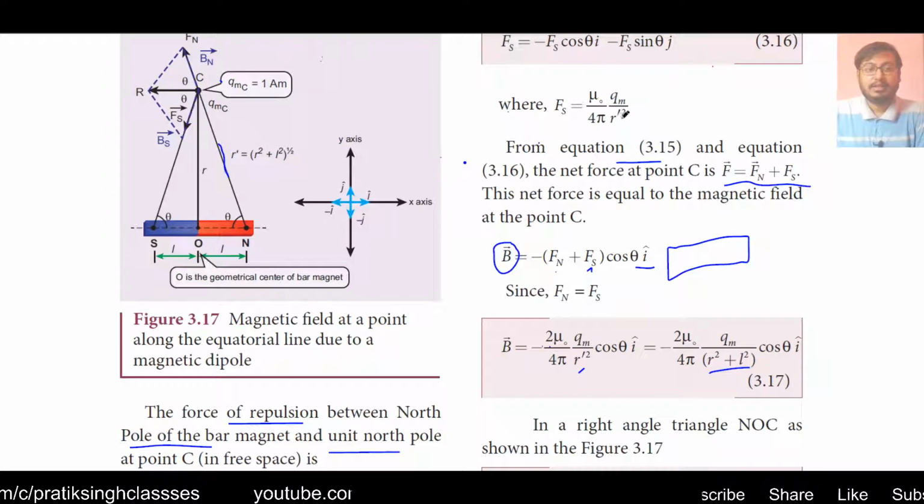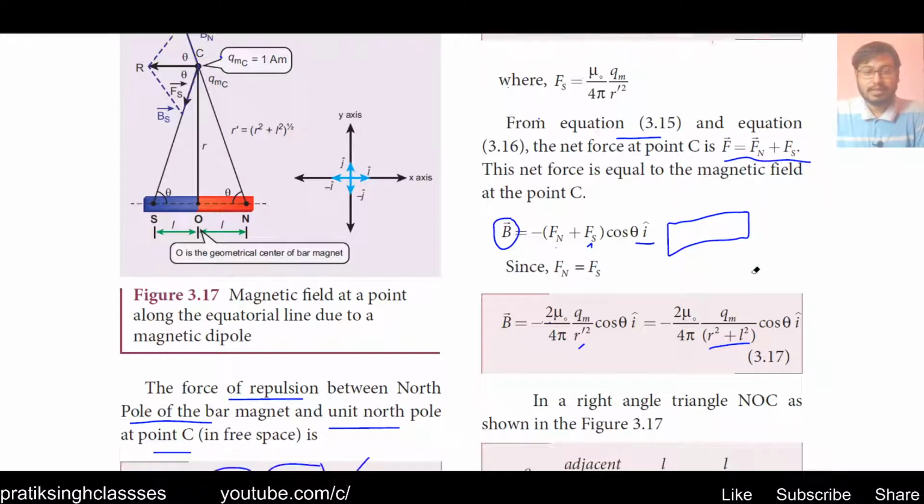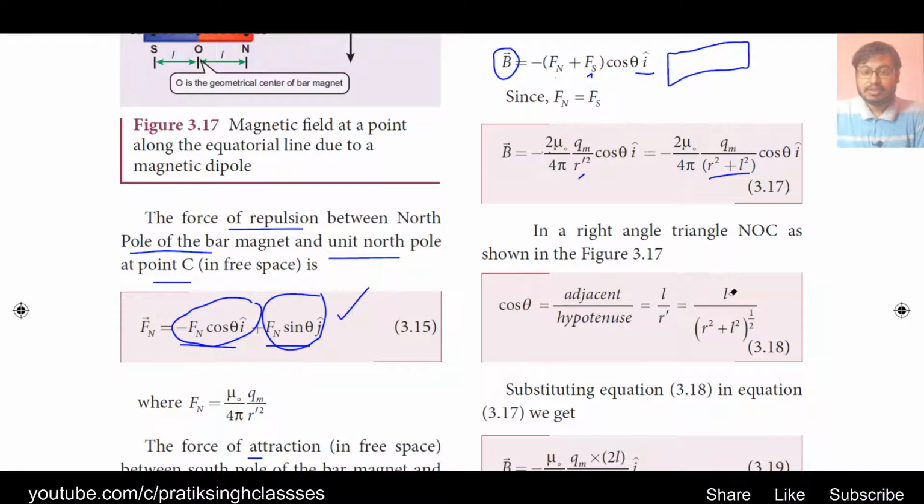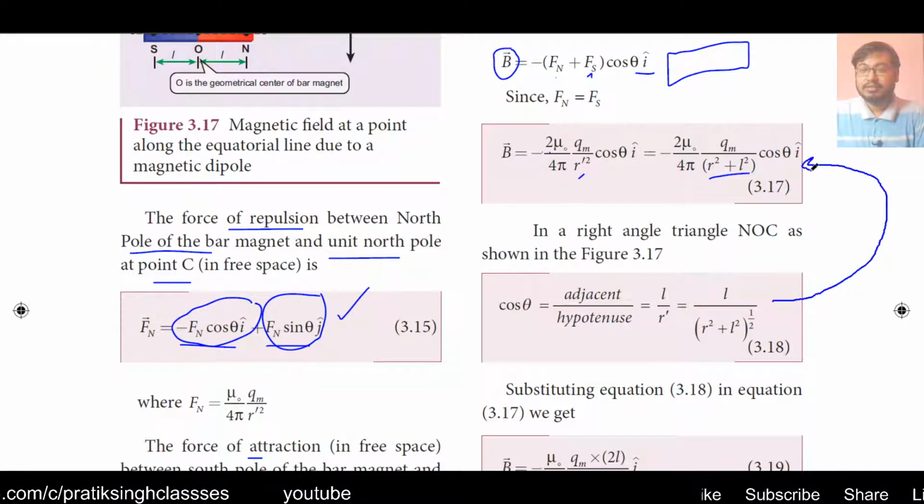In right angle triangle NOC, we have cos theta equal to L by r dash. You know very well that cos theta is equal to B by H, so cos theta is equal to L by r dash, which is L by root of r square plus l square. Now substitute this value of cos theta in equation 3.17.